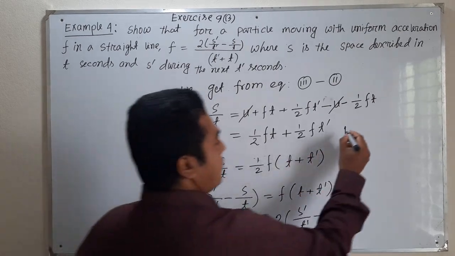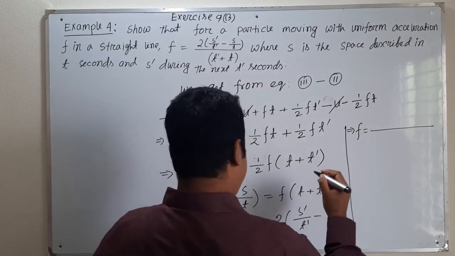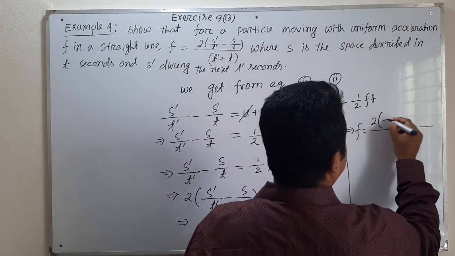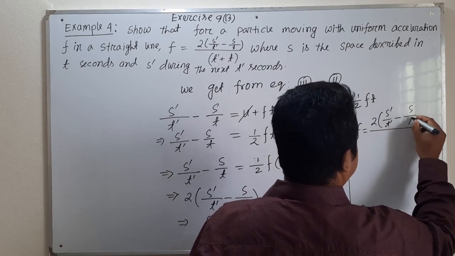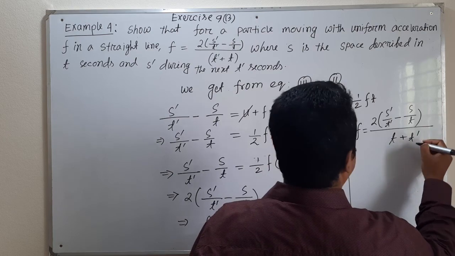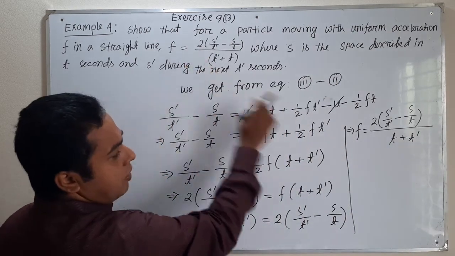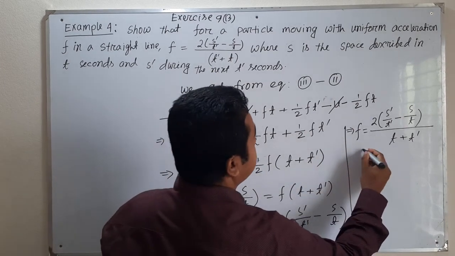Then f is equal to 2 times s prime over t prime minus s over t, divided by t plus t prime. This is our proof of the uniform acceleration f.